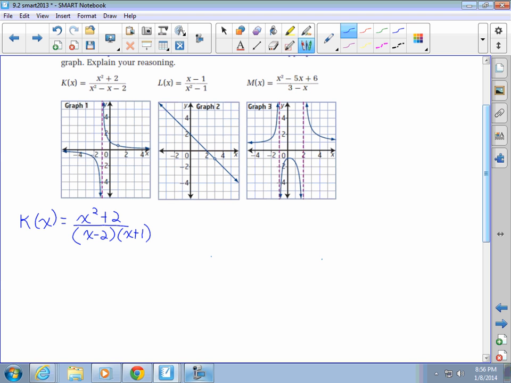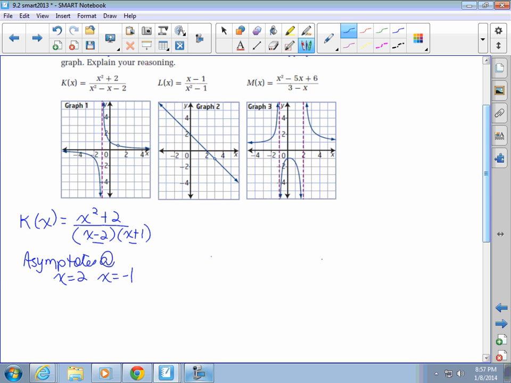So if I have factors that don't cancel in the denominator, I have vertical asymptotes. So that means for this graph, I have asymptotes at x is equal to 2 and x is equal to negative 1. All I did is I took my 2 factors in the denominator, put them equal to 0.